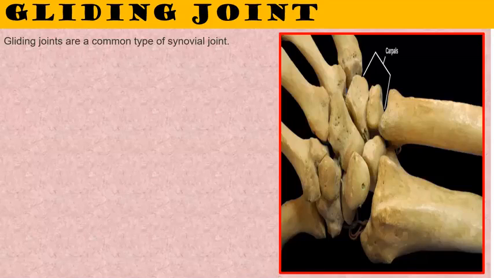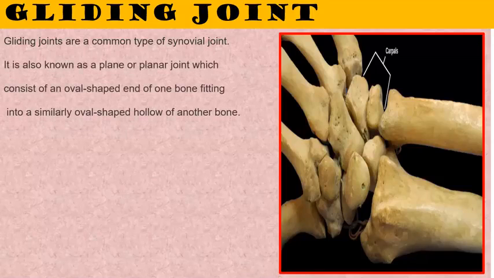Let's talk about gliding joint. Gliding joints are a common type of synovial joint or movable joint. It is also known as a plane or planar joint, which consists of an oval-shaped end of one bone fitting into a similarly oval-shaped hollow of another bone.